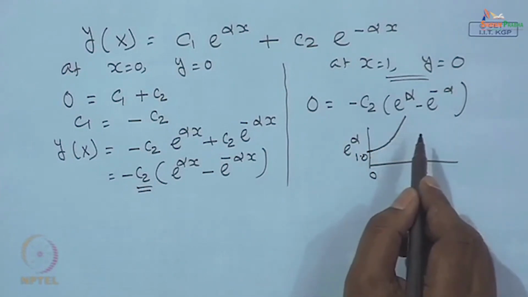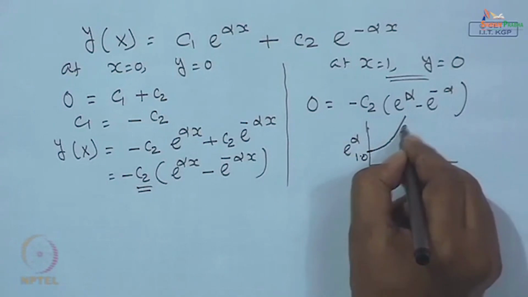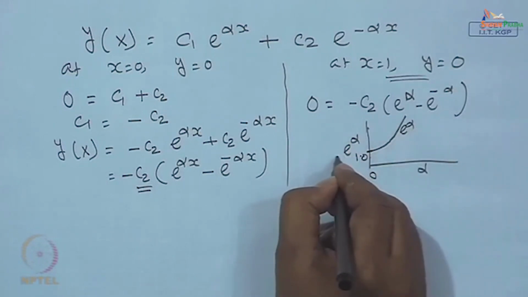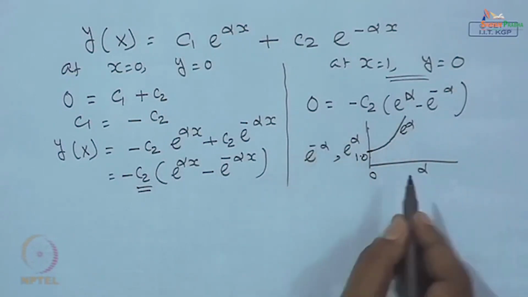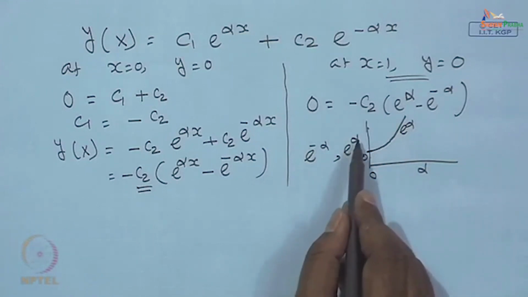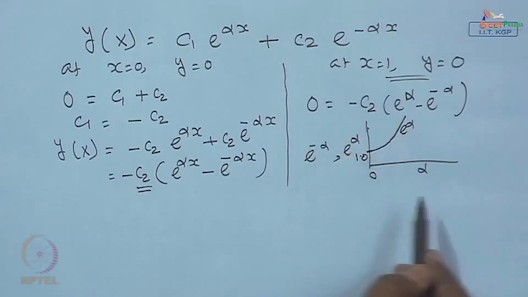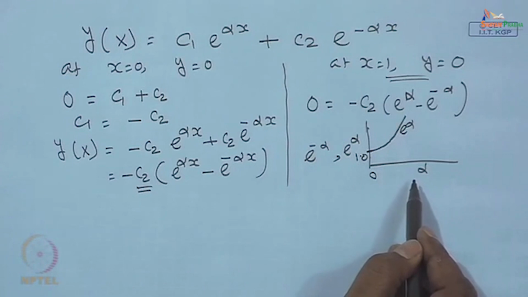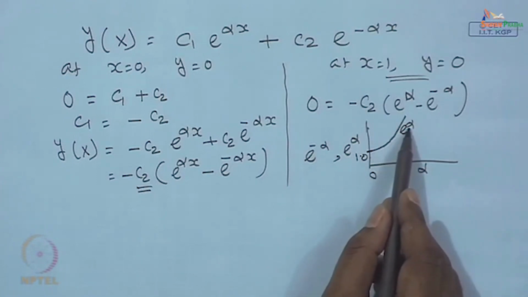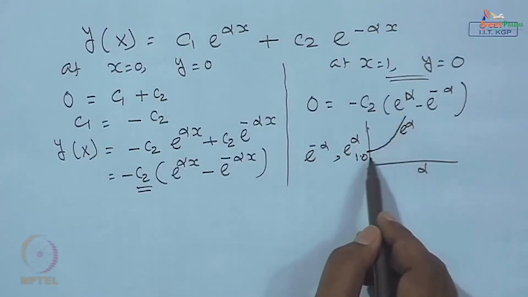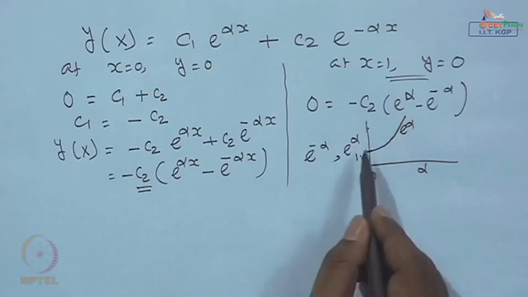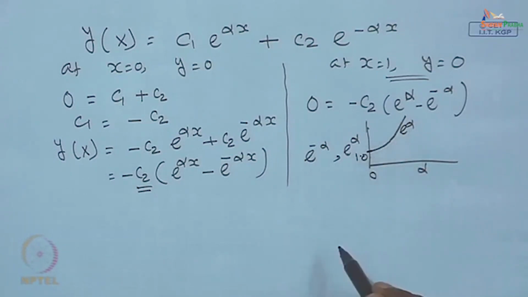So this is the variation of e to the power alpha. I am plotting the variation of e to the power alpha and e to the power minus alpha as a function of alpha. So, e to the power alpha is always positive, the minimum value is 1, and higher values are always positive.